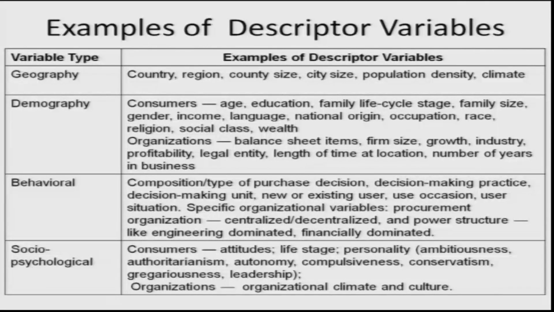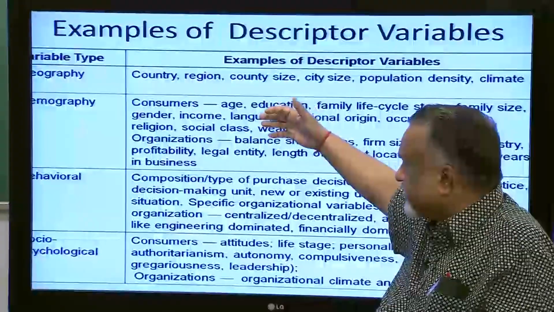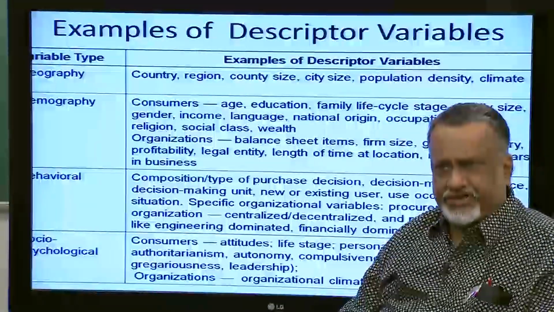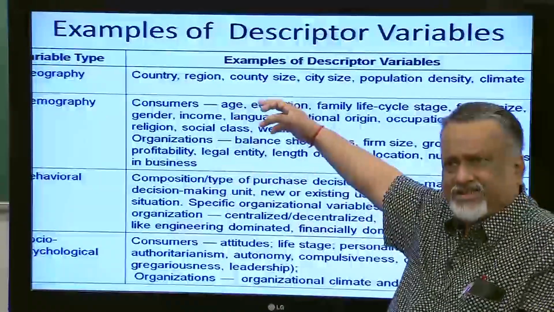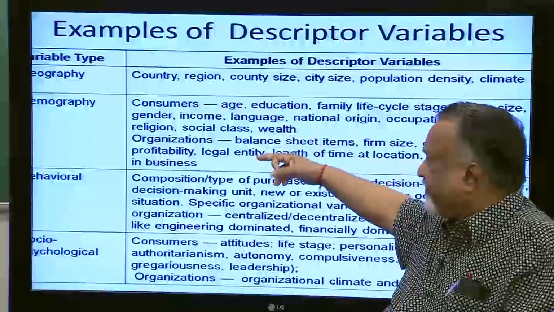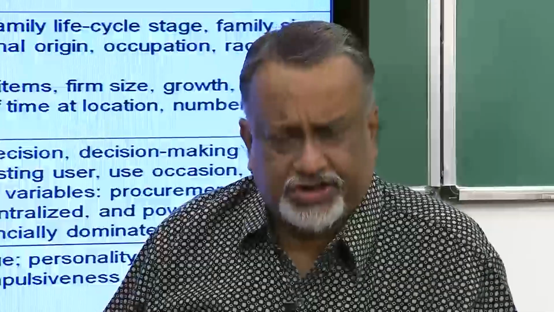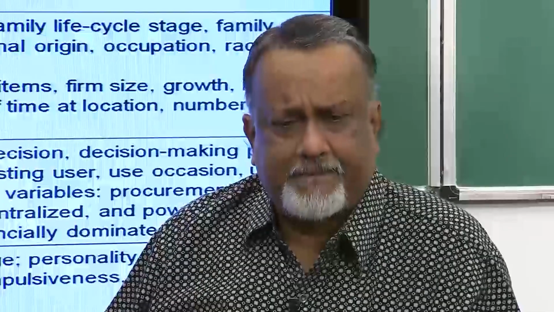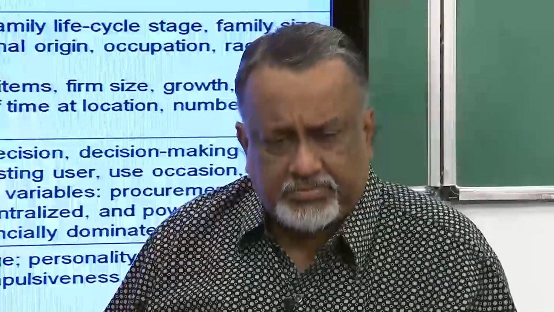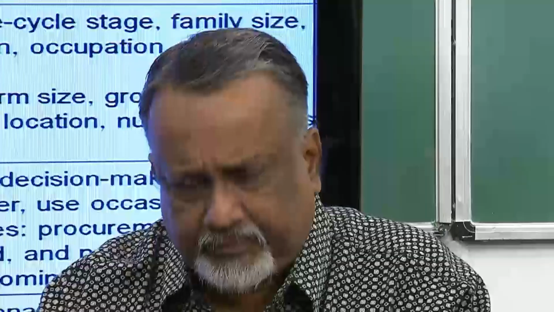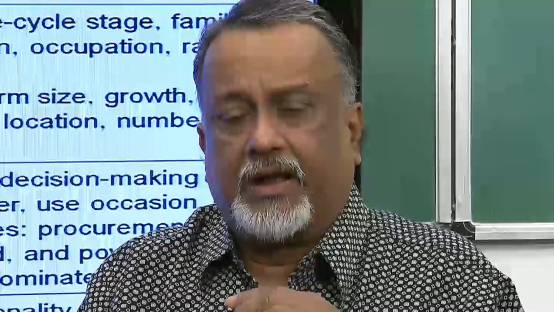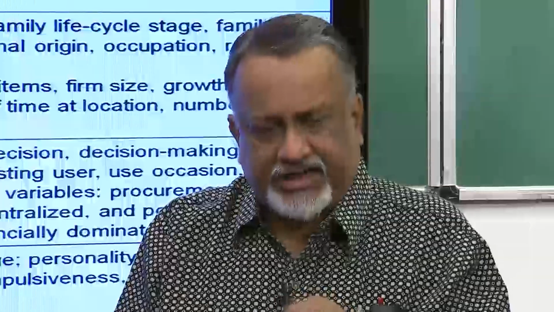As you can see, this is the most often used, class, wealth, these are all therefore descriptors for customer segmentation. In case of B2B or industrial or organizational or institutional marketing, we can separate them by size, balance sheet size, the growth rate, the industry profitability, etc.